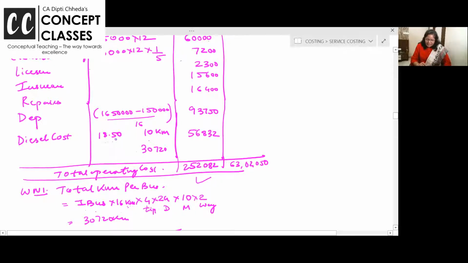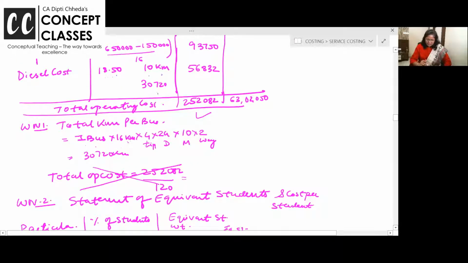And with 1 liter of diesel, your vehicle runs 10 kilometers. And in a year, the vehicle has run this many kilometers. While calculating kilometers, if school buses are used for only 10 months, take it like that. 10 kilometers for 18.50. These many kilometers, how much? Cross multiply, you get the answer.